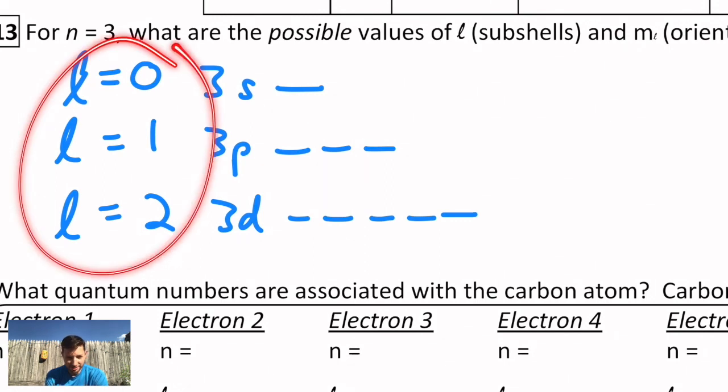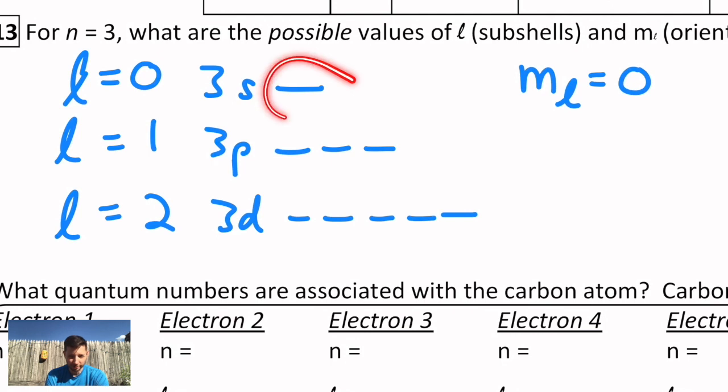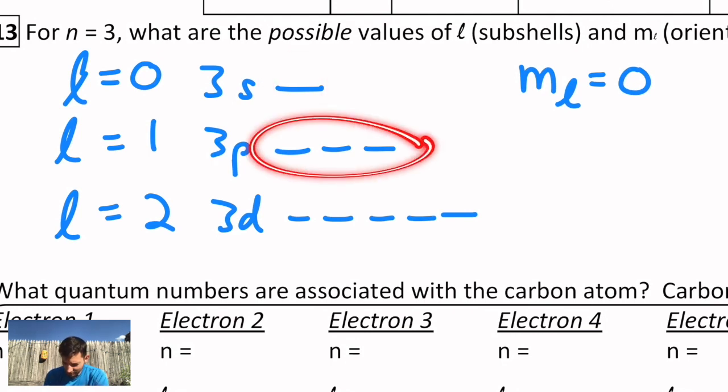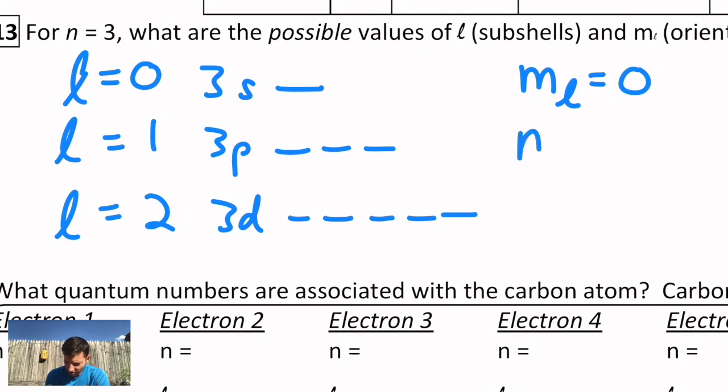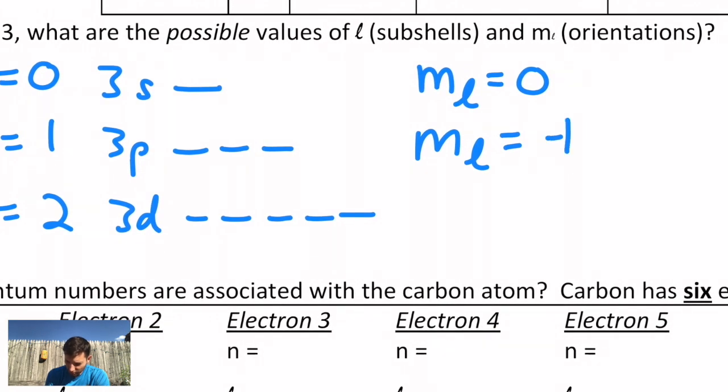What about m sub l, the orientation? Well, there's only one possibility for s. There's only one type of s orbital in any energy level, so we give it a value of 0. And that refers to that one and only orbital in level 3s. But there's three types of p orbitals, and m sub l is -1, 0, or +1.